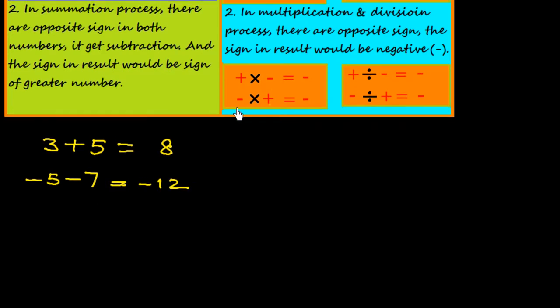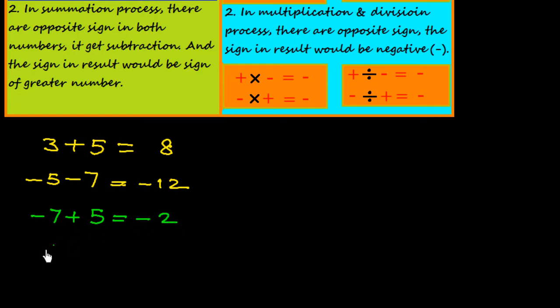Now if we have opposite signs, like minus 7 and plus 5, you see the opposite signs are in both the numbers, the operation would be subtraction, and the sign in the result would be that of the greater number. So 7 minus 5 is 2, and the sign of 7 is negative, so it is minus 2.